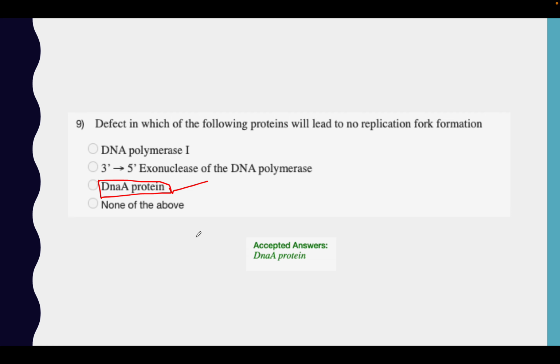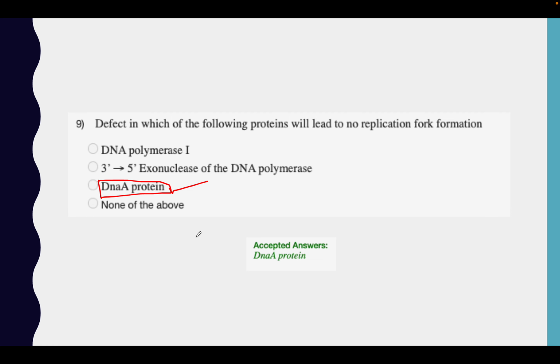And DNA polymerase 1 is crucial for DNA replication, but its primary function is to remove RNA primers and fill in gaps, not directly involved in the initial formation of the replication fork. It is involved in replication but not in replication fork formation.